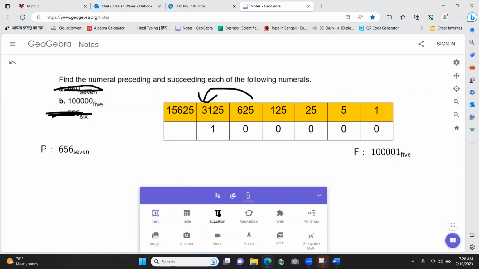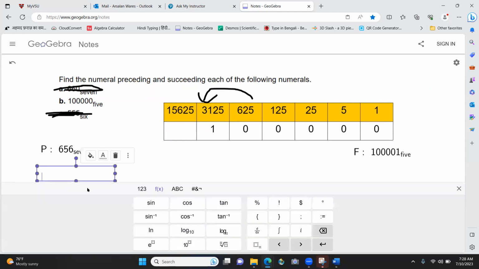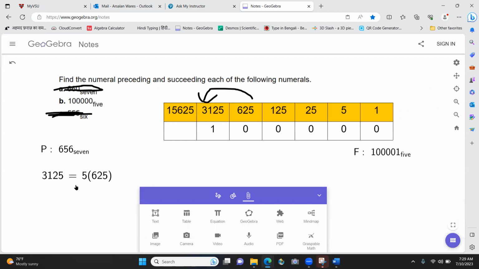3, let's write it down. You have to get that. 3,125 is 5 times 625. So I am going to break this and get 5 groups of 625. Since I'm breaking this, I don't have anything here.